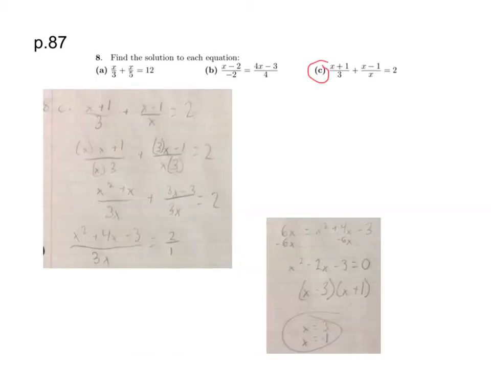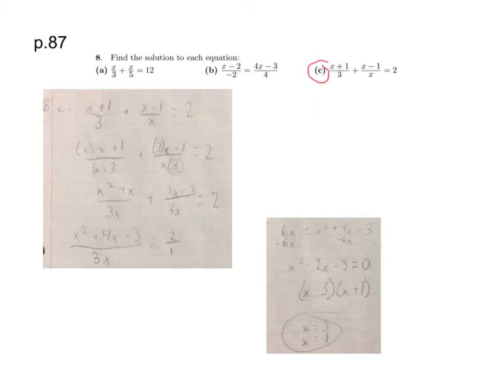So we start off the problem, well, you have to write it. Then we establish a common denominator. That would be 3x, so we touch it so they know what you're talking about. The common denominator you have to establish is 3x, so you multiply the right side by 3 and the left side by x.